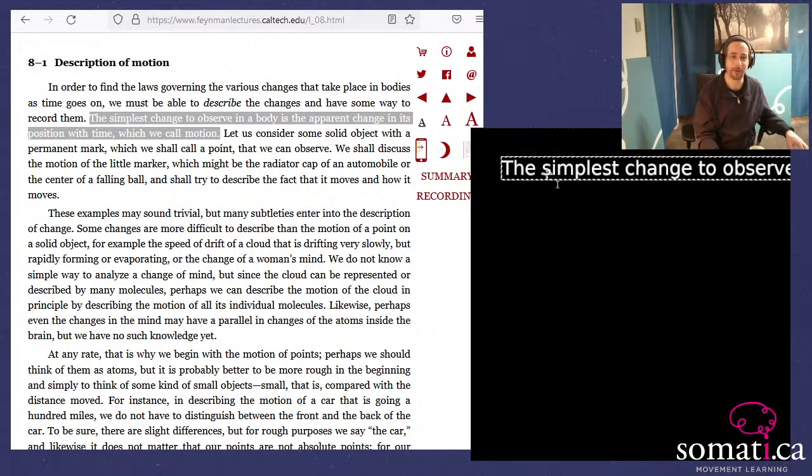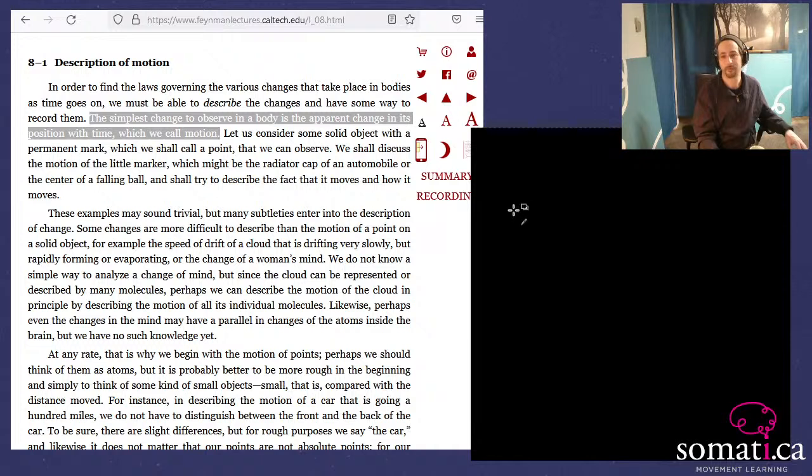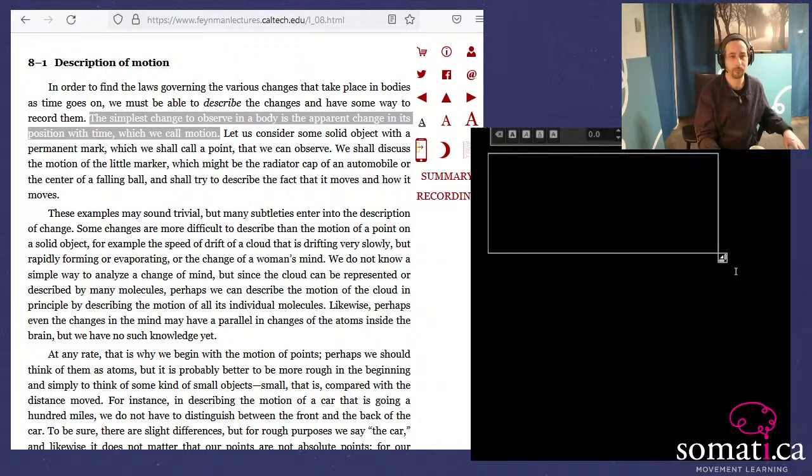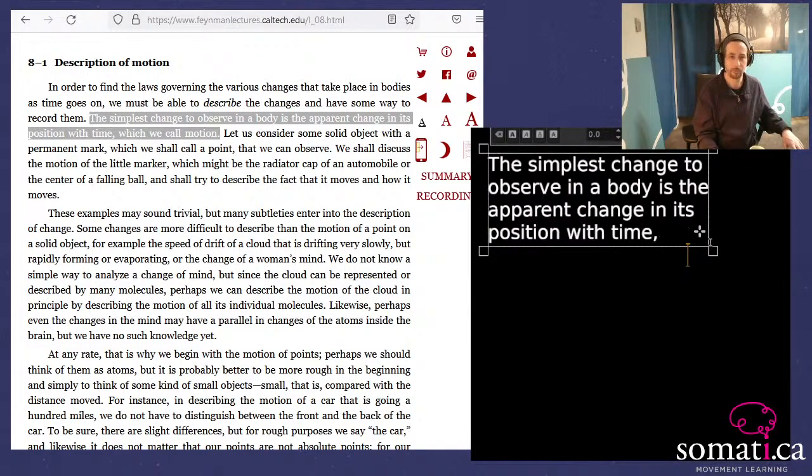Not a convenient way to do that. There you go.